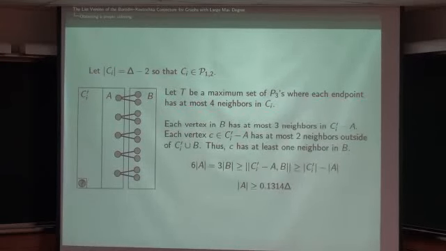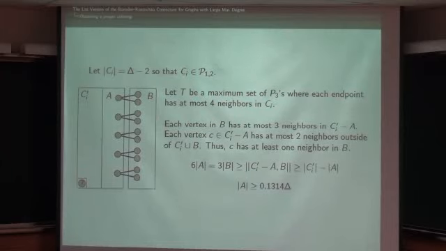So by a previous lemma, we know each vertex here has at most 4 neighbors in this clique. So it has at most 3 neighbors in this part, this C sub i minus A. And each vertex here can only have 2 vertices outside of these 2 boxes. Because if it has 3 vertices, then one of them might have more than 4 neighbors inside C, which is okay.